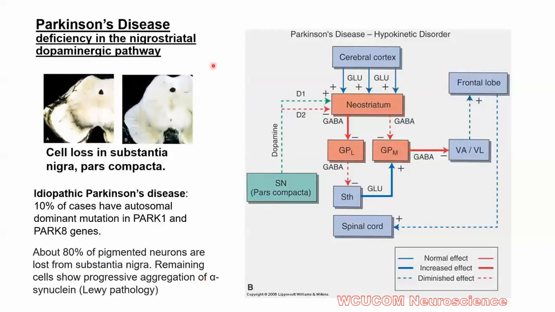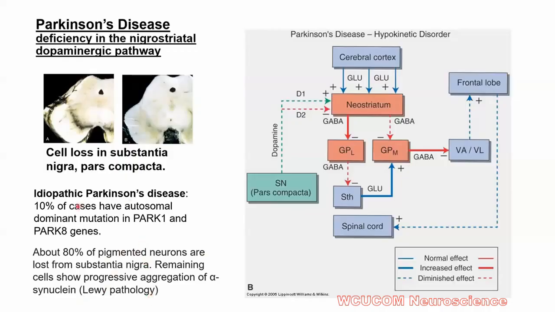As we now well know, Parkinson's disease is characterized by a severe deficiency in the nigrostriatal dopaminergic pathway. The cell loss in substantia nigra, the pars compacta, is evident. About 80% of pigmented neurons are lost from substantia nigra for the disease to be manifested clinically, and the remaining cells often show a Lewy body type of pathology.